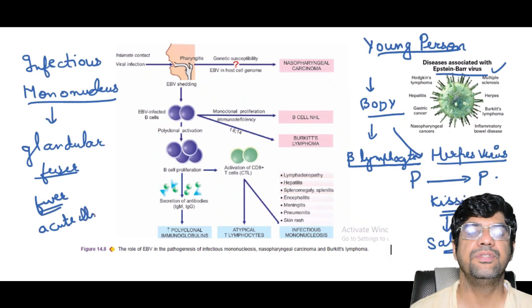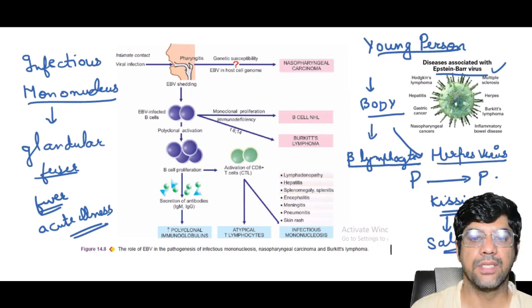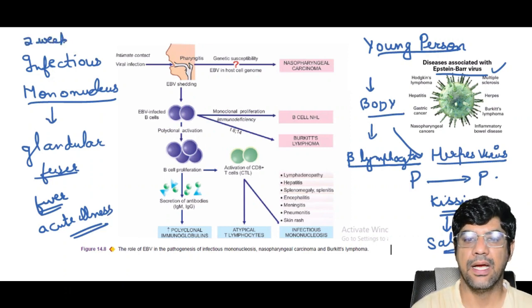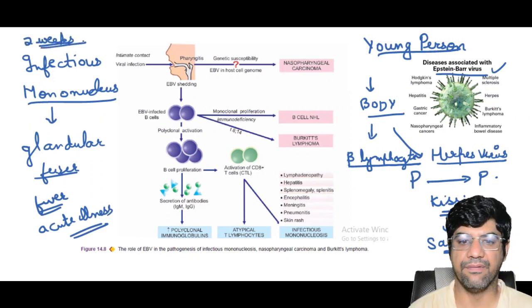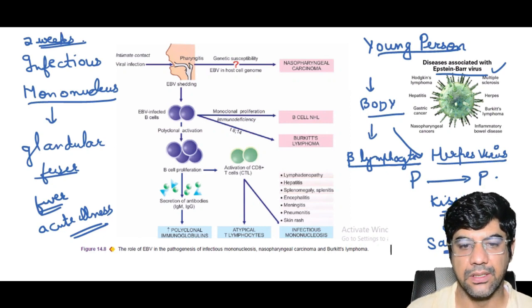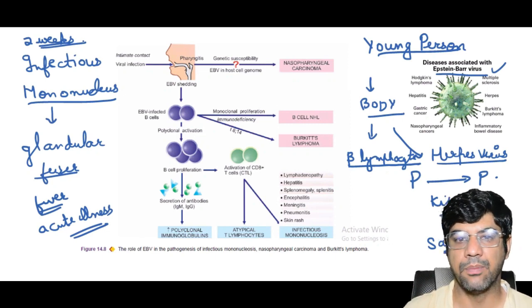The immune system produces antibodies in response to the infection. Now the antibodies peak around 2 weeks after the infection and stay in the body for life, providing immunity against future infection. Even after the virus disappears from the blood, it remains in the body within the infected B cells.